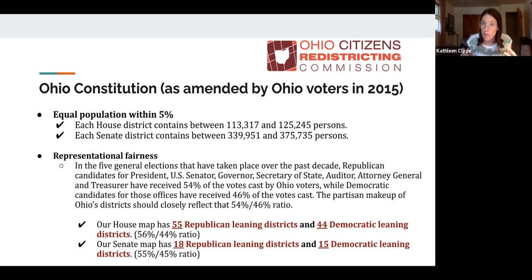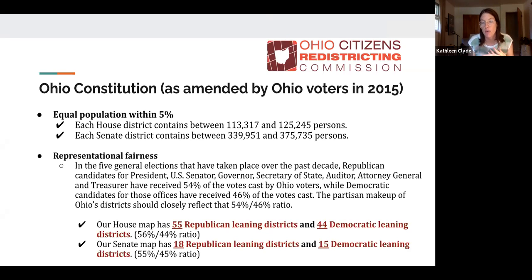How do we get that number? Well, we add the presidential races, US Senator, Governor, Secretary of State, Auditor, Attorney General, and Treasurer over the last 5 general elections, which is the last 10 years between this census and the prior census.